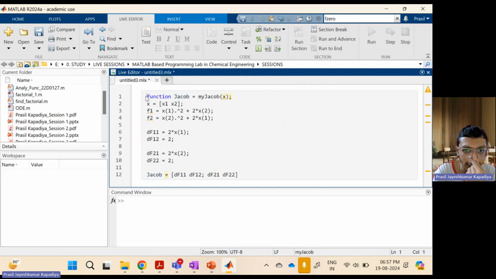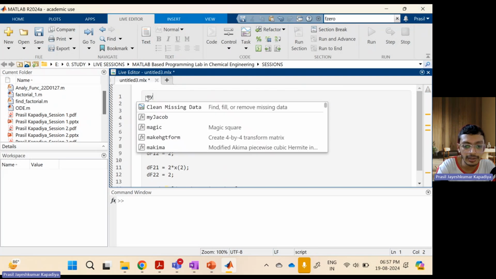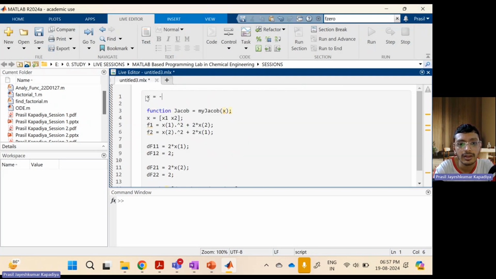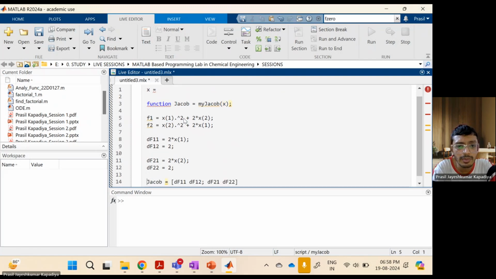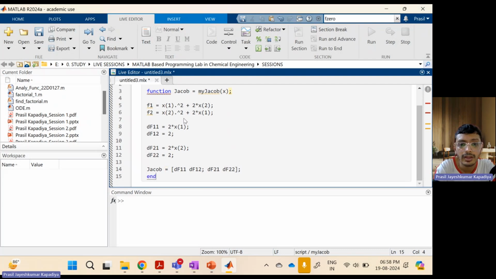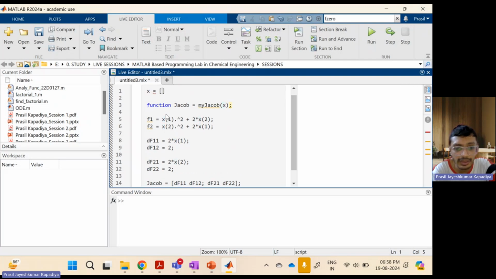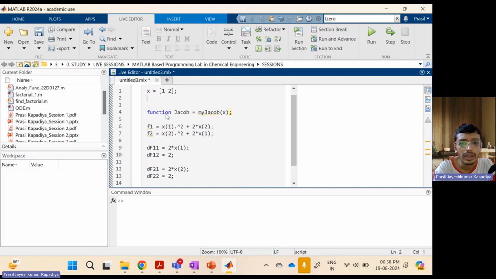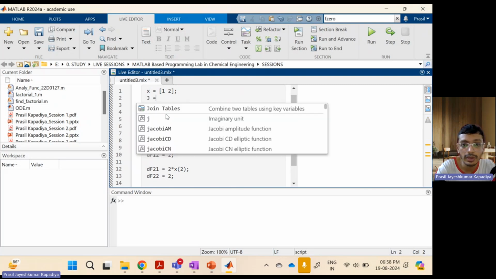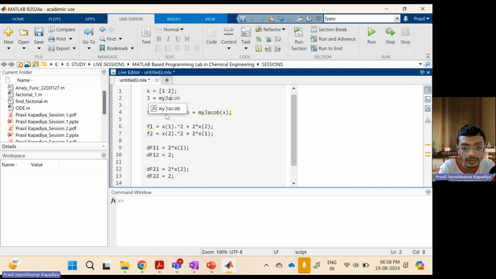Okay, let's say I am calculating my Jacobian at my x is equal to, let's say, 1 comma 2. This is my vector x, and I want to find Jacob. So I will be calling my function Jacob comma x for a particular x. So it will calculate Jacobian.